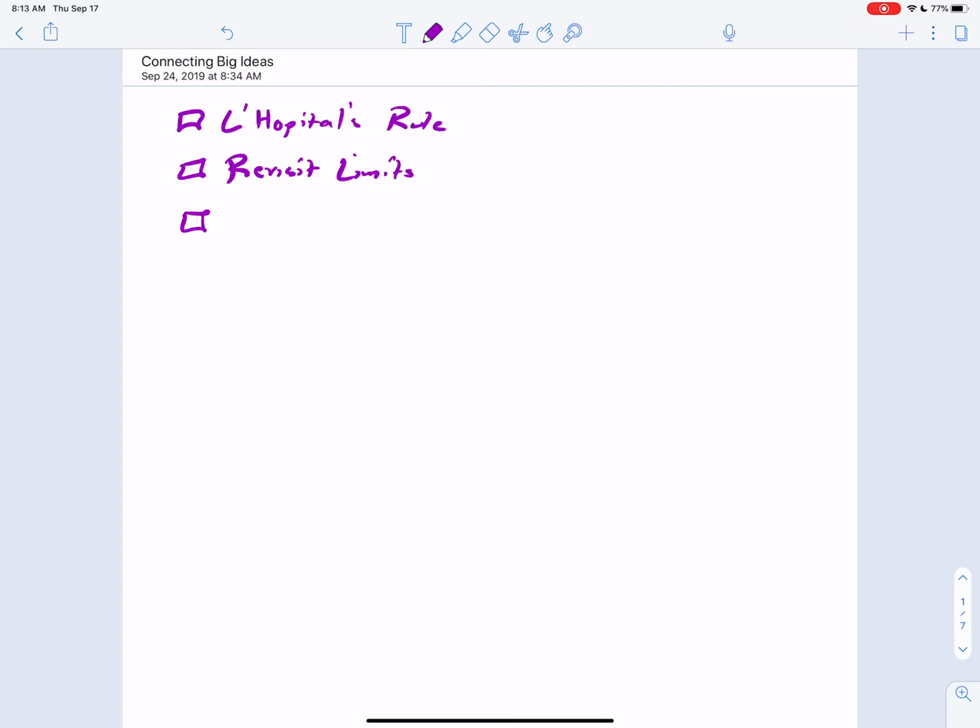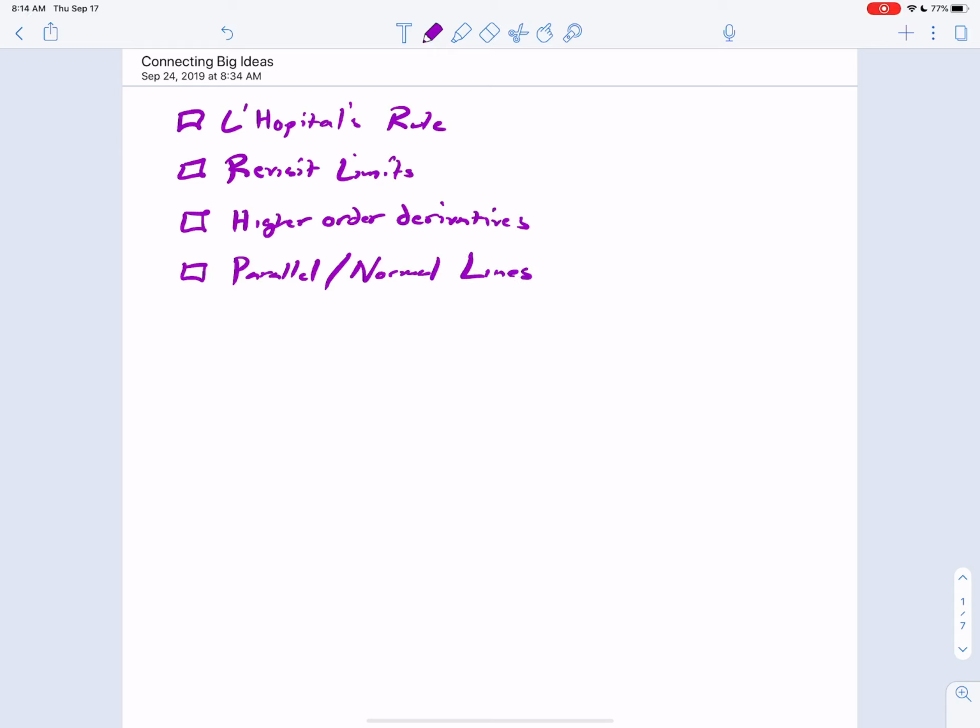We're also going to look at higher order derivatives. And then we'll look at some situations where we have parallel and normal lines. Okay, we'll talk about each of those there, okay? So make sure that you have that checklist.